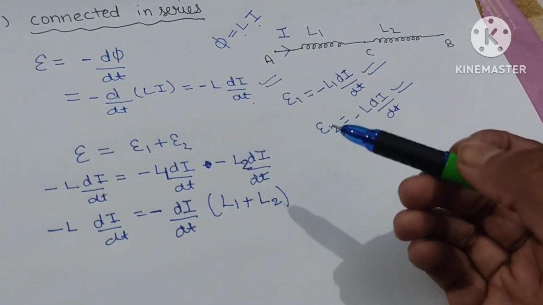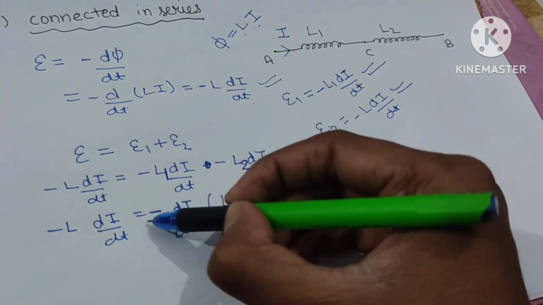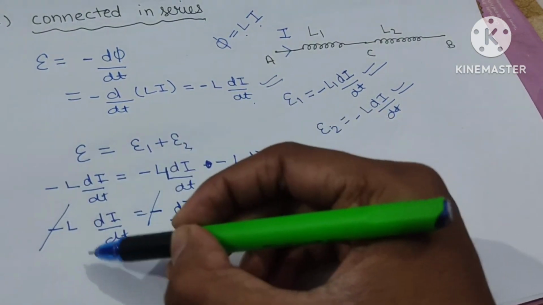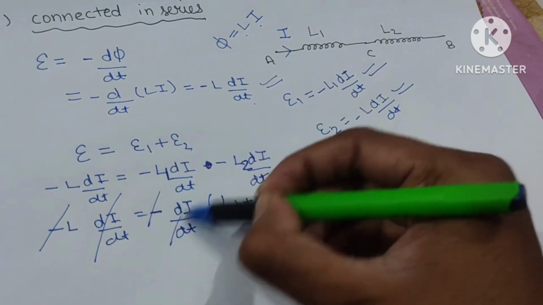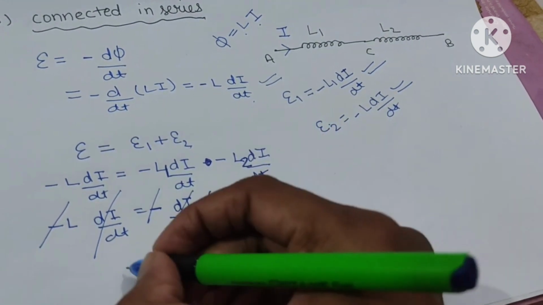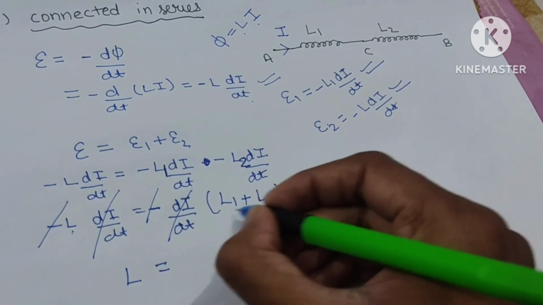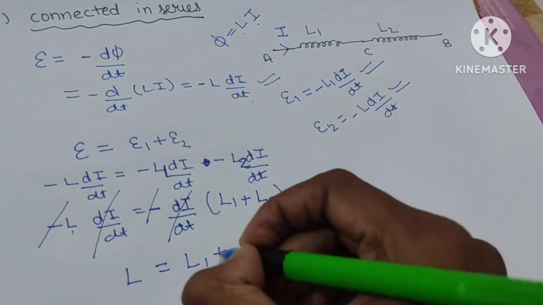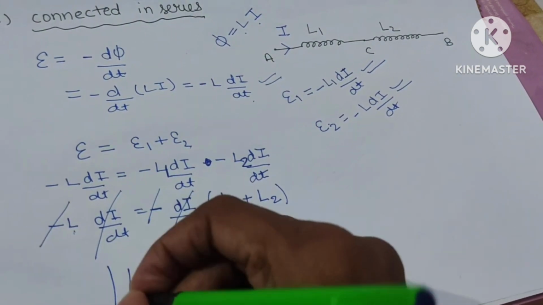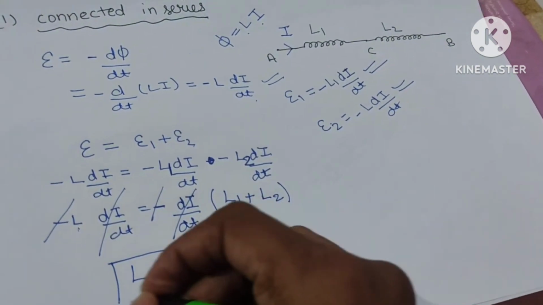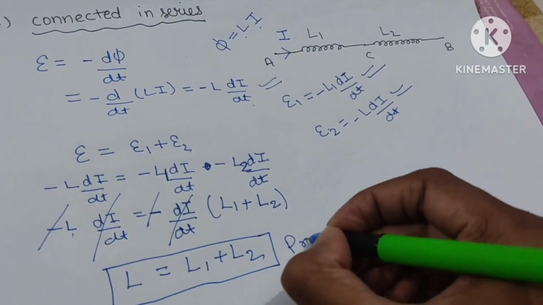Cancel the minus sign and di/dt on both sides, and we are left with L equal to L1 plus L2. So it is proved.